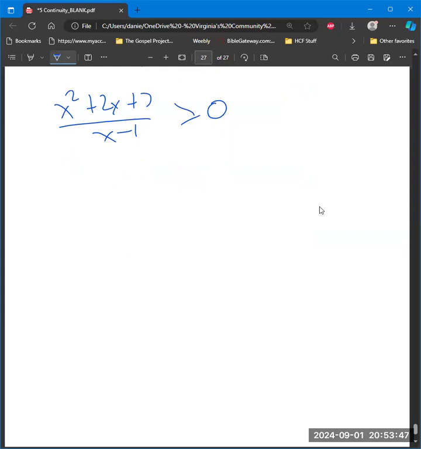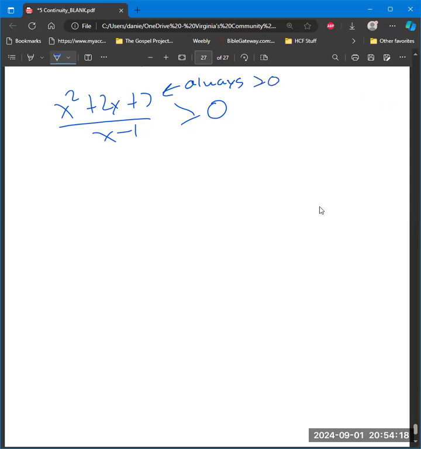And we need to think about the quadratic formula here or complete the square. That gives plus 1 plus 1. Okay, that's fine. That's always going to be positive. If we look at the graph here, this is always greater than 0.